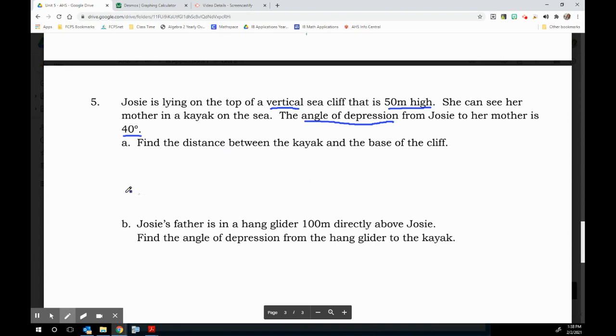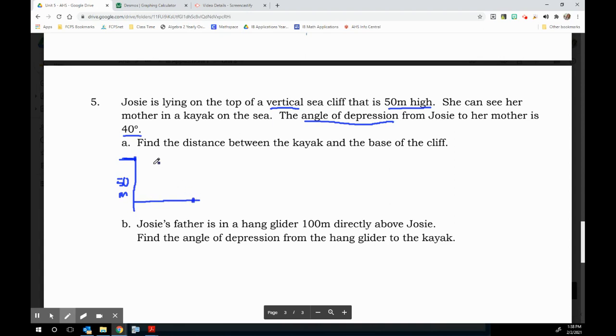So let's draw a picture. We don't know what is going on here, at least I don't without drawing a picture. So we've got Josie chilling, she's laying down. They were key to say that. So that means she's on top of this cliff. That cliff is 50 meters high. Mom is out to sea and in a kayak.